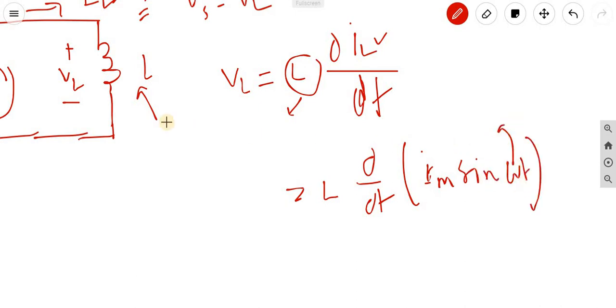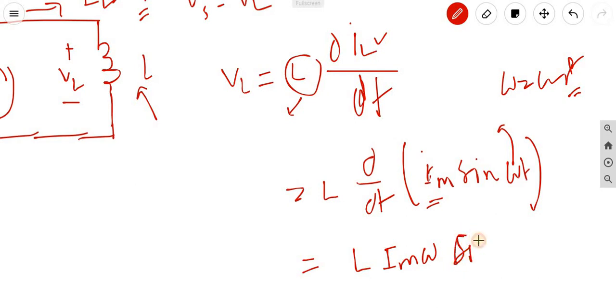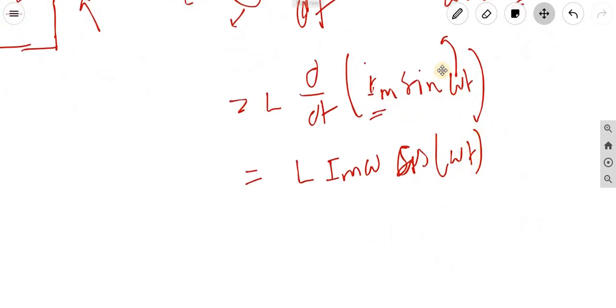Omega would be constant for this particular source, and Im is the maximum value of the current signal. So it would be L Im omega cos omega t.